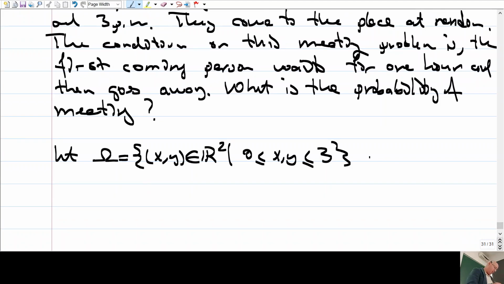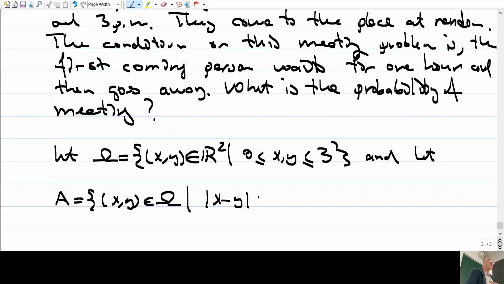And let A be the following subset. These are elements of the sample space such that the difference between the times these persons arrive at the place is less than 1 hour.